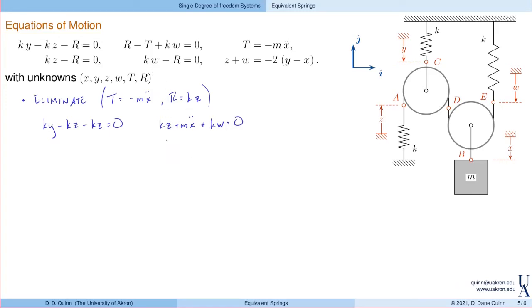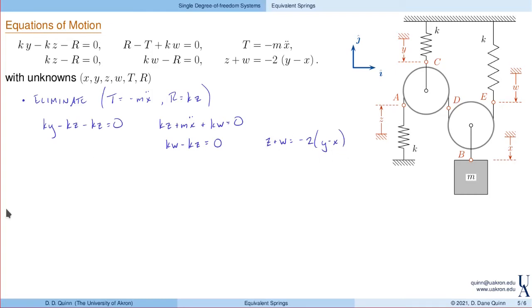This equation is k times w minus k times z equals 0. And then finally, my constraint equation reduces to z plus w equals minus 2y minus x. So that actually stays unchanged.